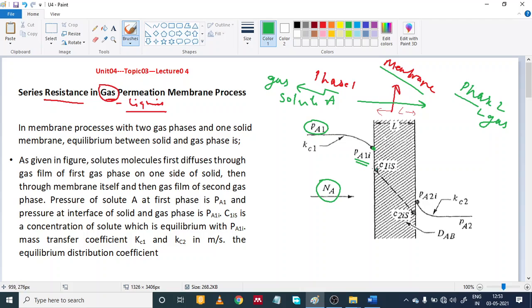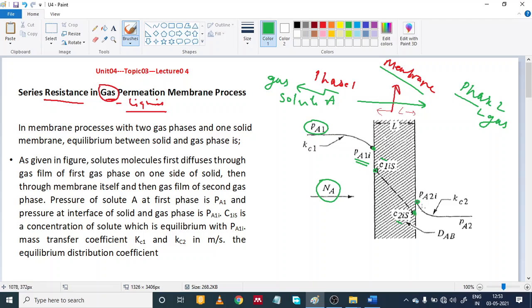Then in the solid, this solute is represented in concentration, that's why it is C1IS, the concentration of A at the interface, in the solid. And C2IS is the concentration of solute in the solid at phase 2.